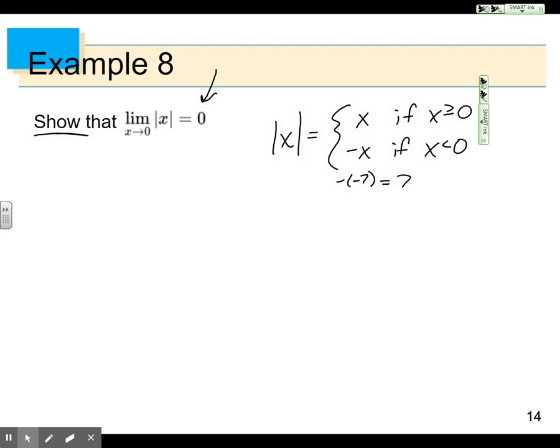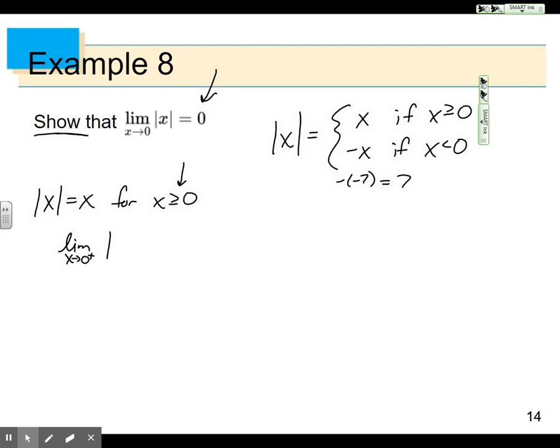Okay, so first up, I'm going to use the top piece. I'm going to use the fact that the absolute value of x is equal to x for all x greater than or equal to 0. You can use greater than 0. So if I'm going greater than 0 on this, that is the limit as x approaches 0 from the right.